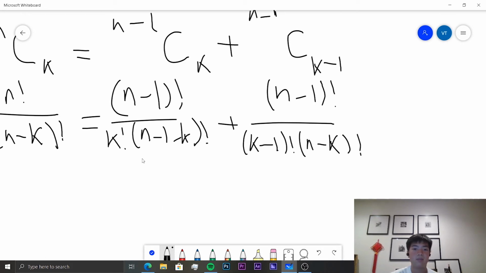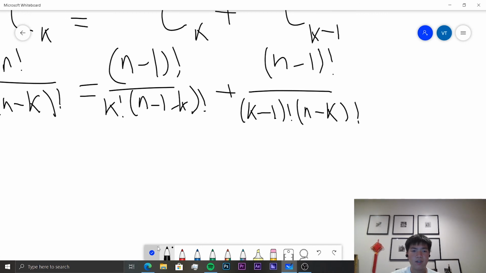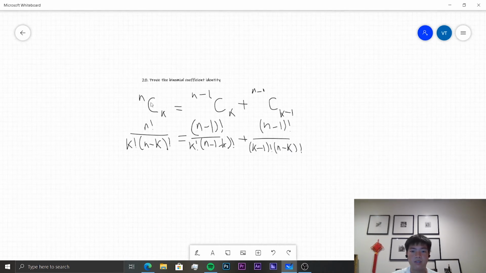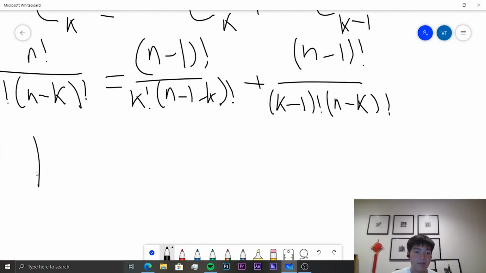Okay, so let's see what we can do here. We want to make these two on the same denominator. And so for the denominator, let's use the denominator we have on the right hand side.